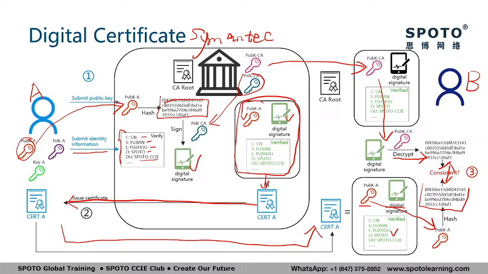So even if the man in the middle captured the public key, the man in the middle does not have user A's private key to decrypt the communication. That's why even if the man in the middle captured the certificate of user A, the man is still not able to decrypt the communication without the private key.